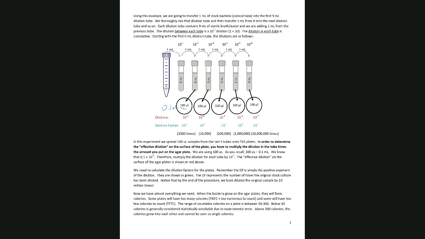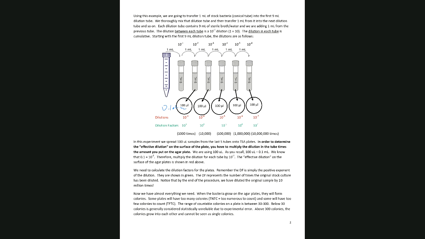So in terms of the number of times we've diluted our sample, in this first plate here, we've diluted the original bacterial sample by 1,000 times, right? 10 to the 3. Here is 10,000. Here, 100,000, 1 million. And by the end, we have diluted the original sample by 10 million times. That's a lot of dilution, right?